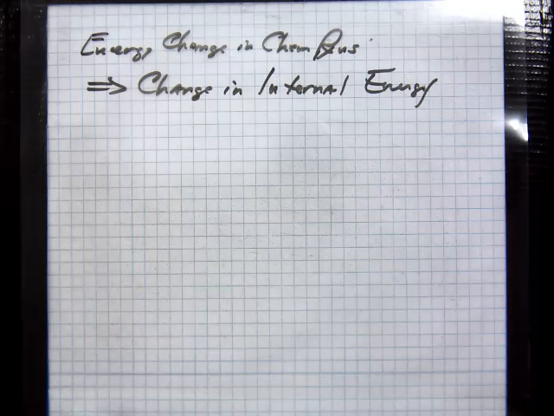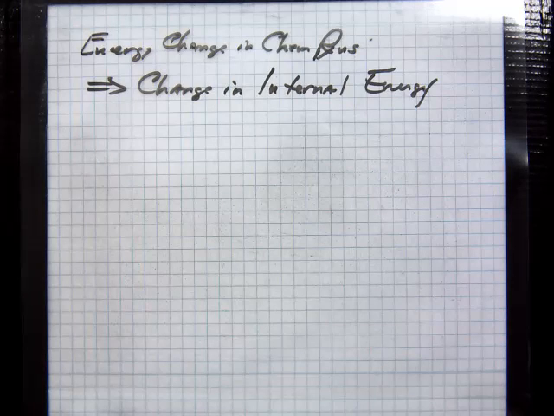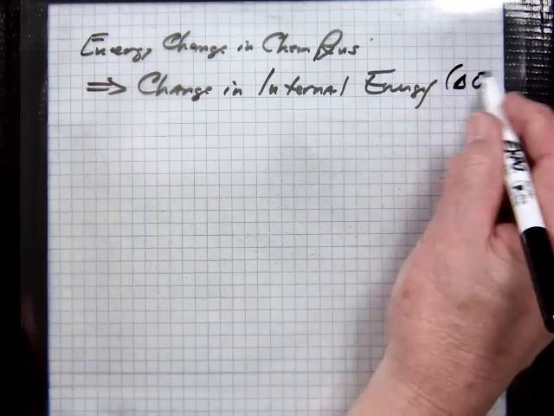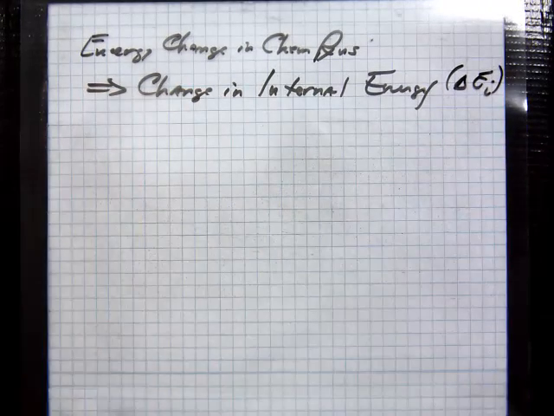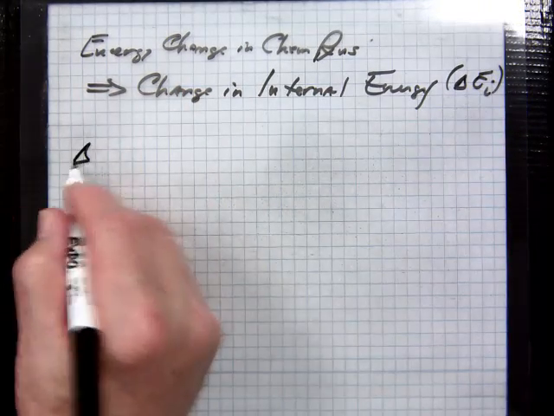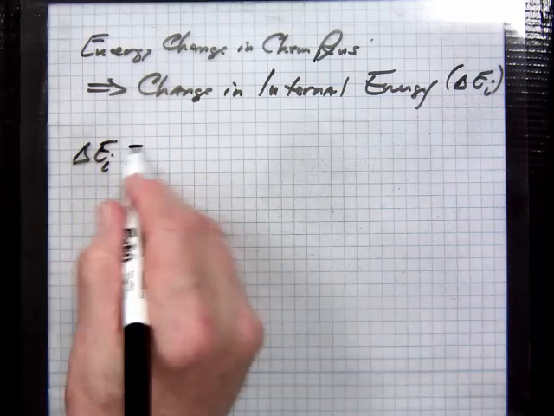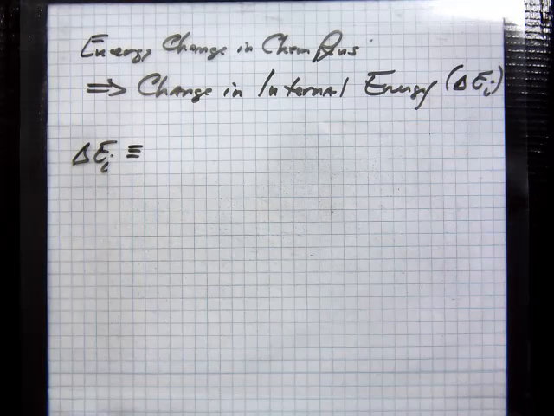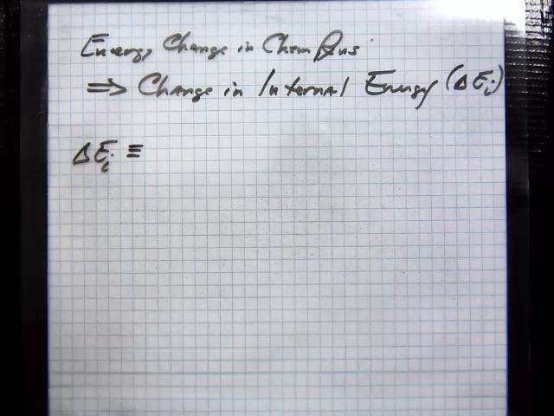Kinetic energy is energy of motion, but that's mechanical motion. But the one that we're interested in is the internal energy. And we'll call it delta EI, if you would, internal energy. By definition, this is the energy content due to the state of existence, chemistry and state of existence of the substance.